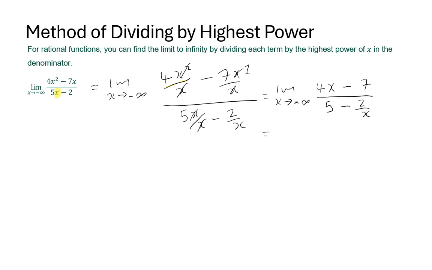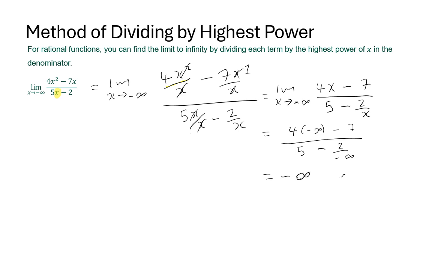Here as x tends to minus infinity, this will be 4 times minus infinity, minus 7, over 5 minus 2 over minus infinity. This is just 0 because 2 is divided by a very large number. So 4 times infinity is just minus infinity.